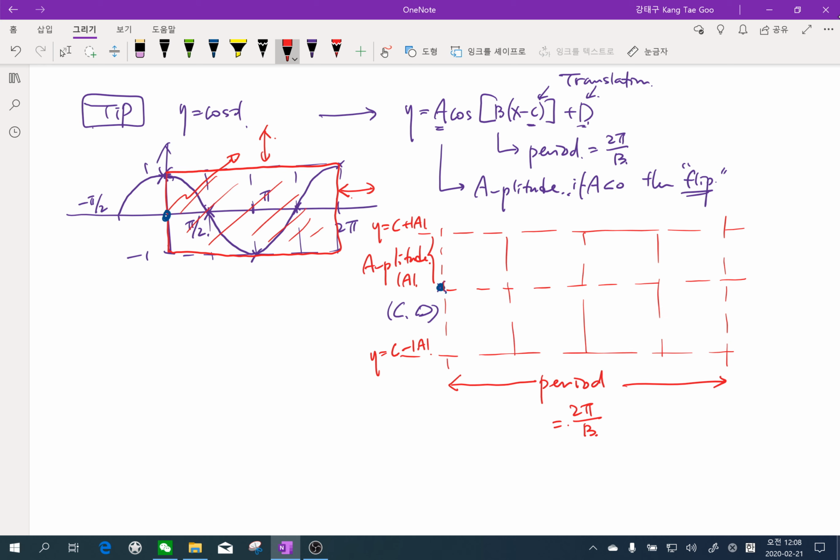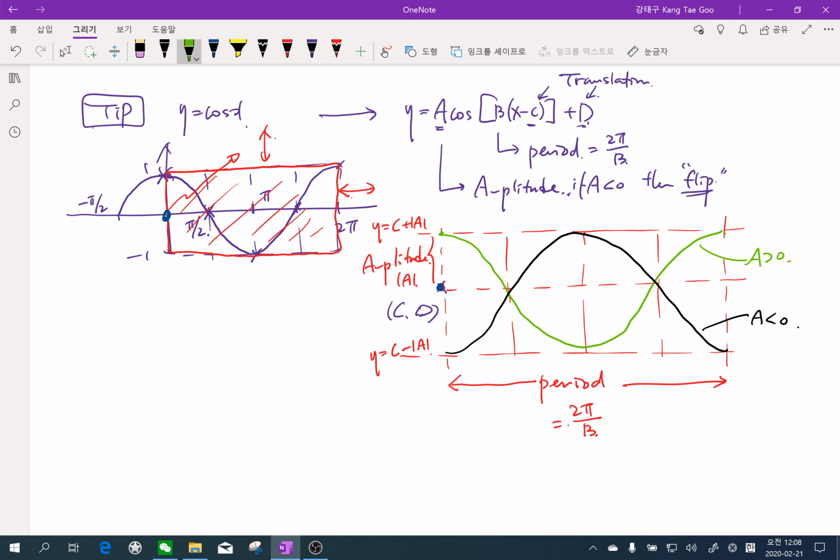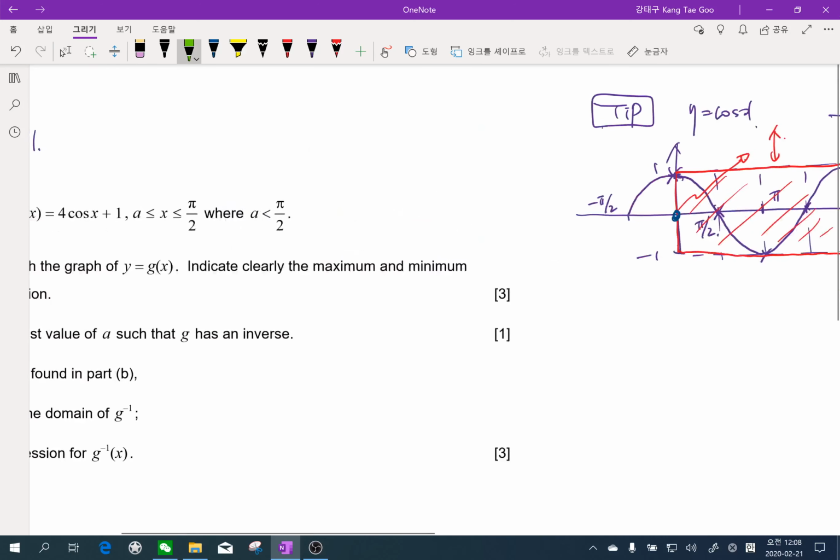After that, you draw the cosine graph from here: it goes down, then goes up. If your a is negative, you draw it flipped like this. This is the tip for the first question. Okay, you go back and draw.